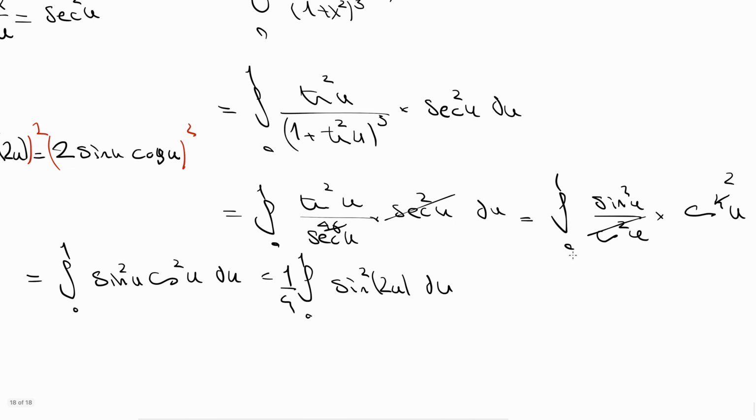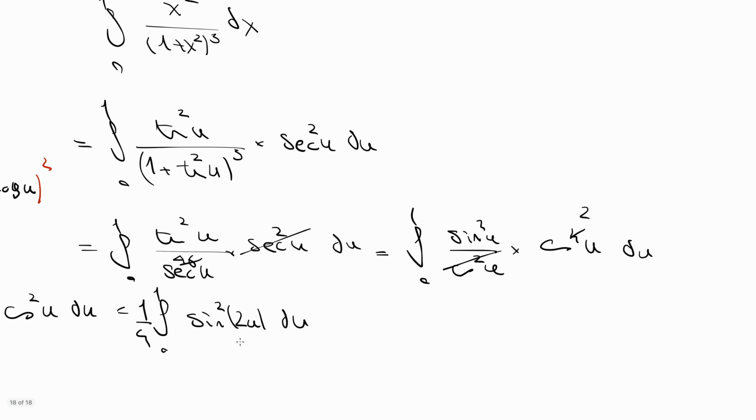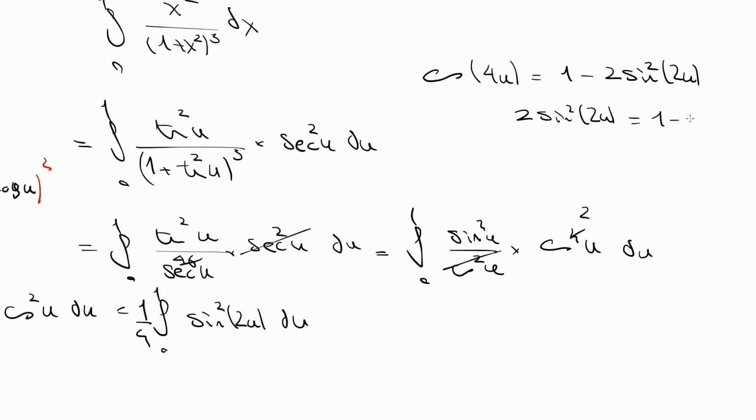Now what? Again, using your knowledge from trig, you can use this time cosine of 4u. So cosine of 4u is going to be 1 minus 2 sine squared of 2u, right? And so 2 sine squared of 2u is simply 1 minus cosine of 4u.